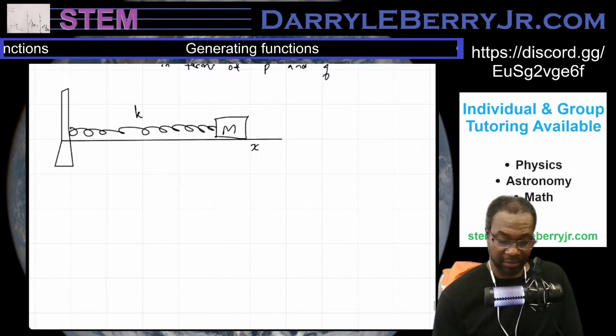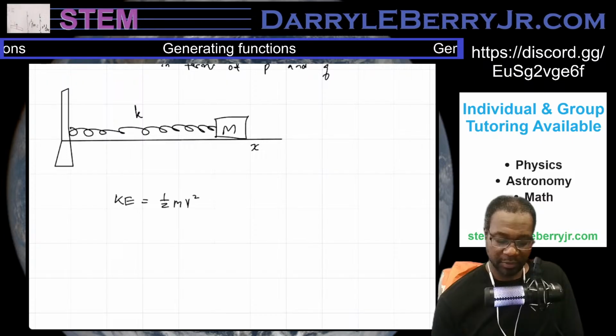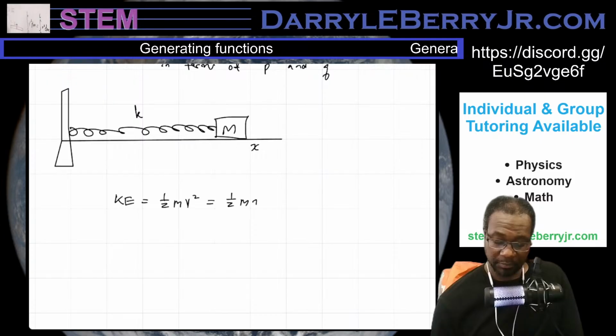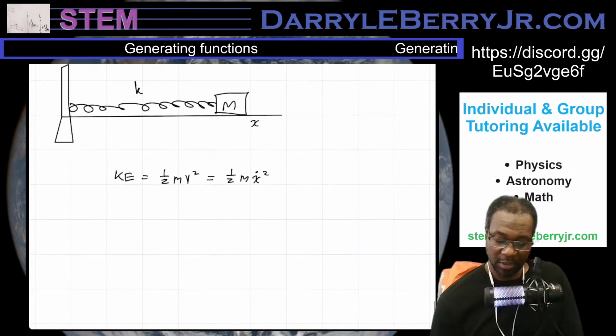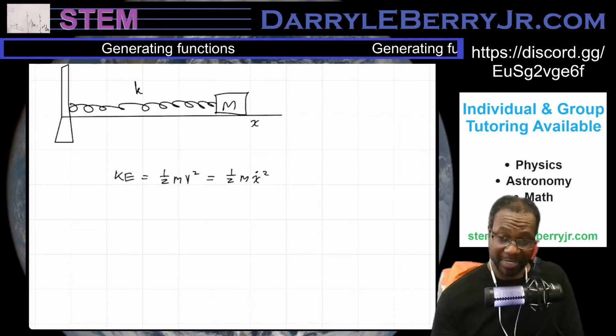So we know that the kinetic energy will be 1/2 mv squared, which is 1/2 m x dot squared. You can also multiply this by m over m.